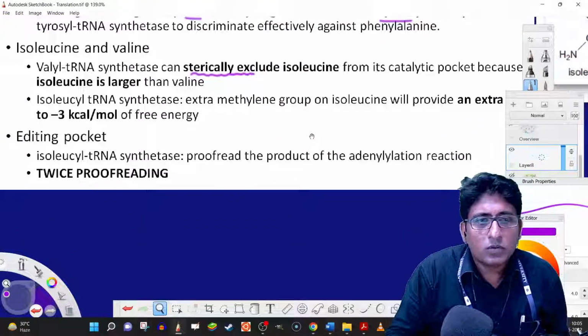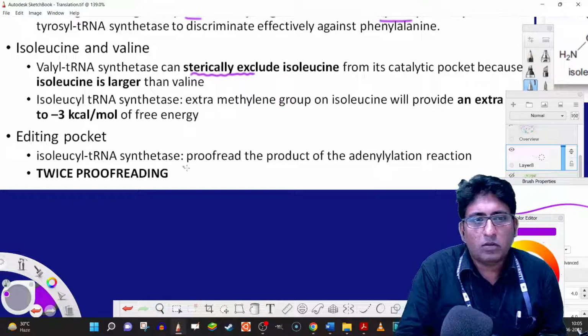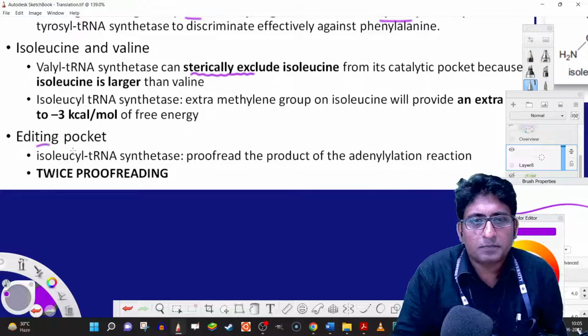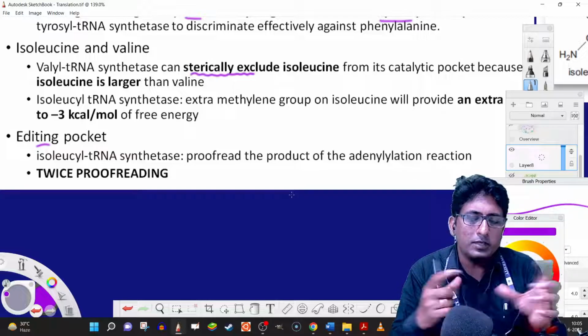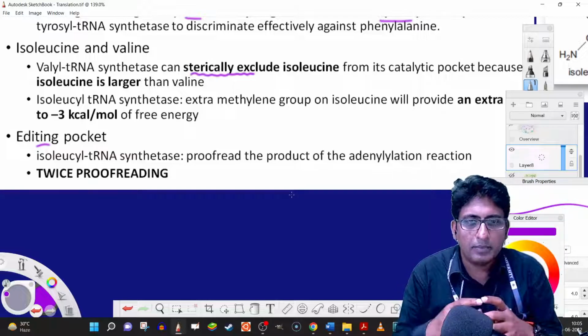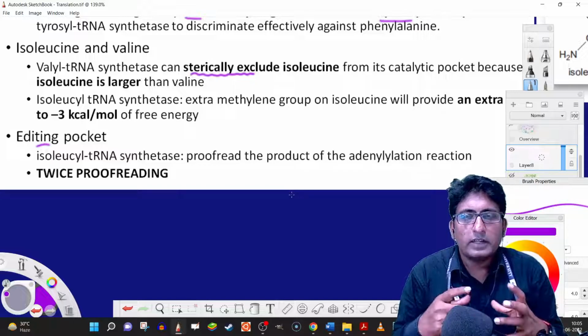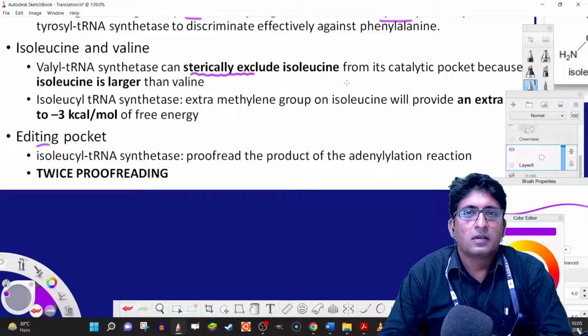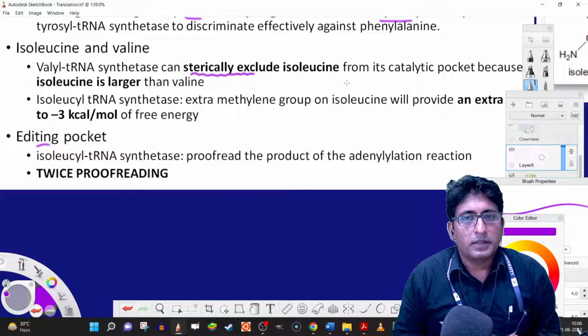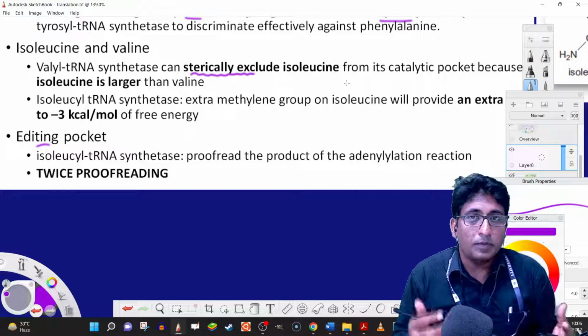And there is also another pocket called the editing pocket. Once the charging has happened, the editing pocket can recognize if the product that has formed is proper or not.